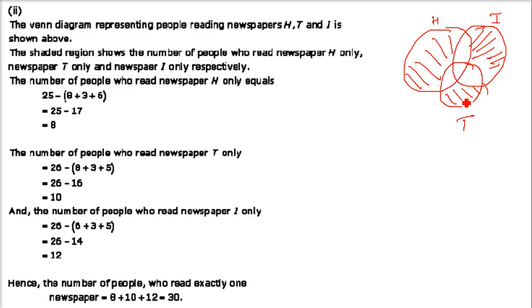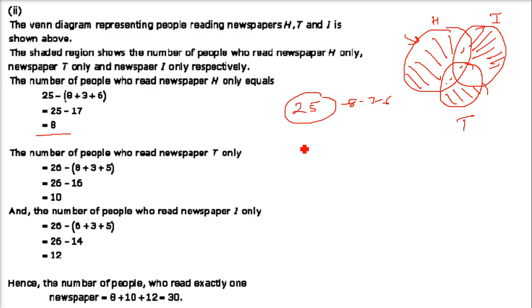First, for the people who read H only, the total is 25, but we have to subtract this, this and this, that is 8, 3 and 6. So 25 minus 8, minus 3, minus 6, this is going to be 8.